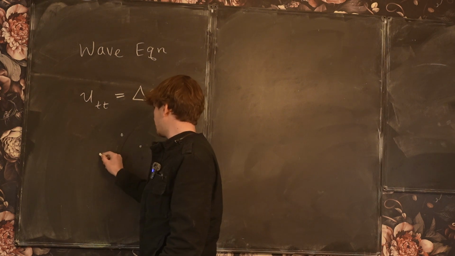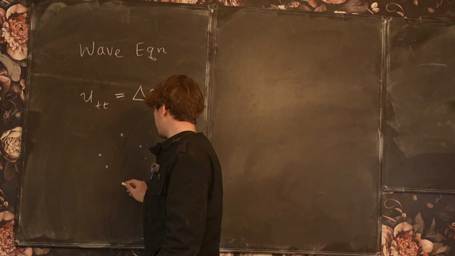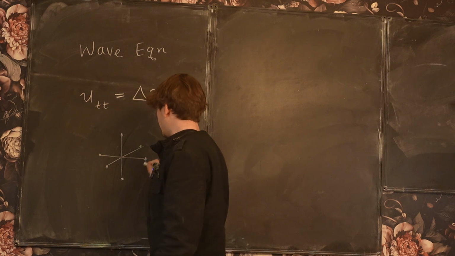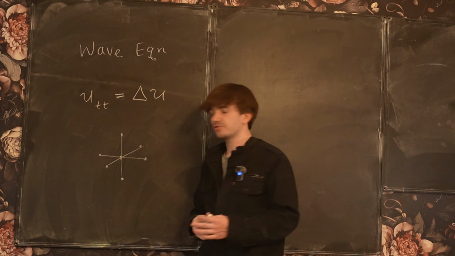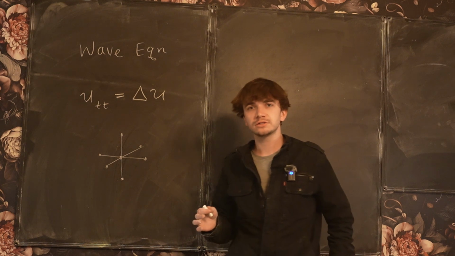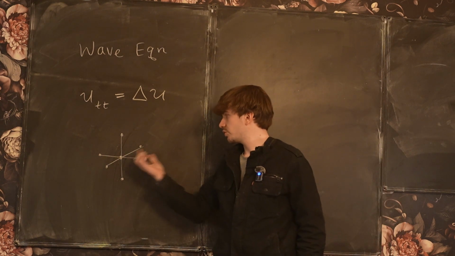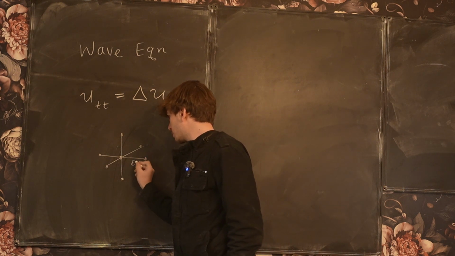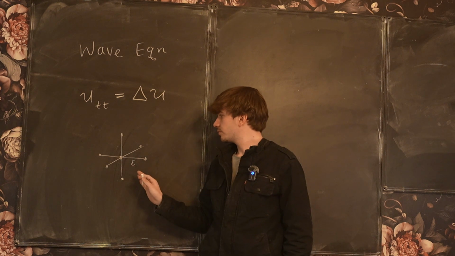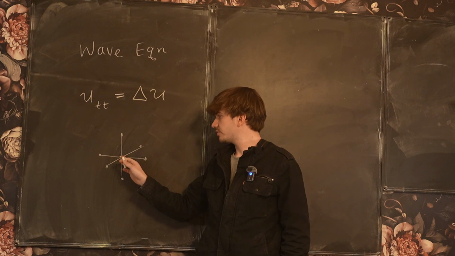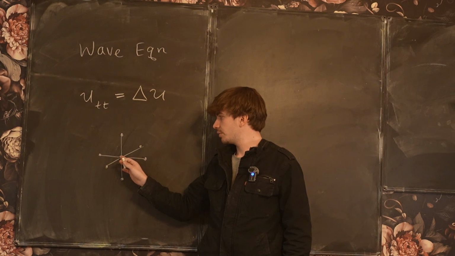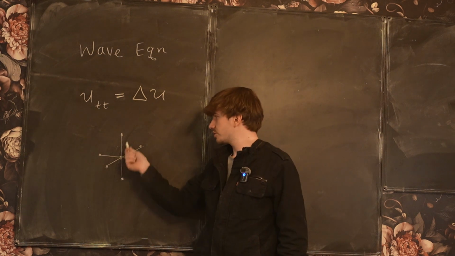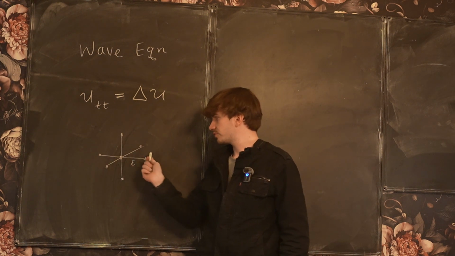in R3. Okay, so let's suppose that we're working in R3, and let's consider a discretization of R3 into a lattice of some uniform spacing, epsilon. Okay, and now let's look at a single specified point of the discretization, and we're going to observe its neighbors, so the neighboring points.